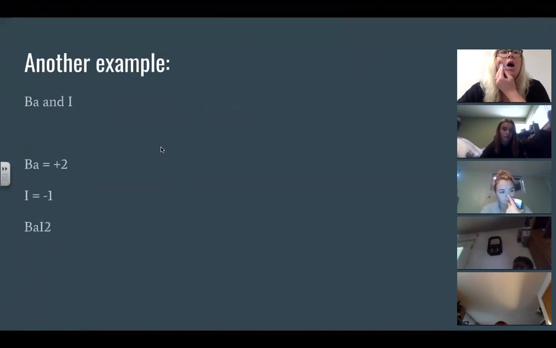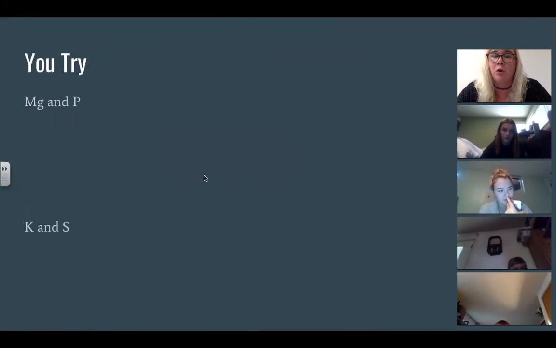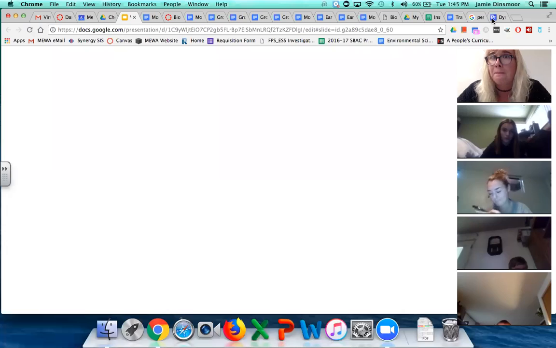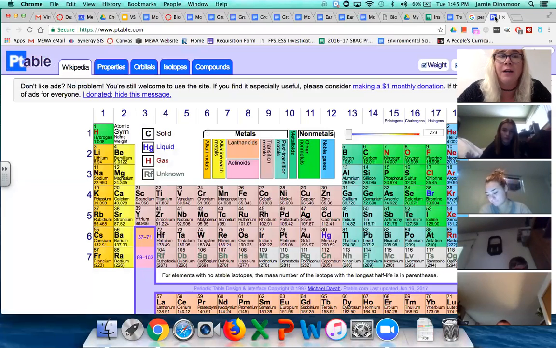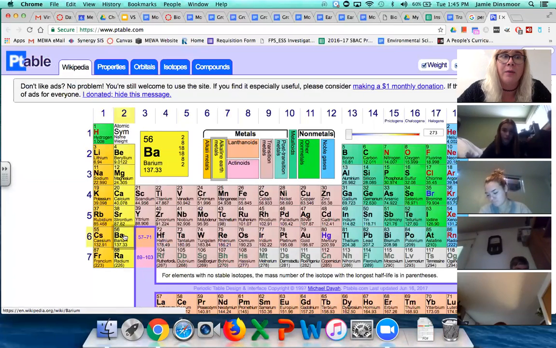So let's try one more example. Let's say that we want to use barium and iodine. I'm thinking, which elements am I even using here? So if we go to the periodic table and we find these, we see barium down here, number 56.